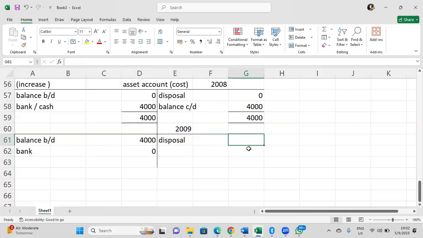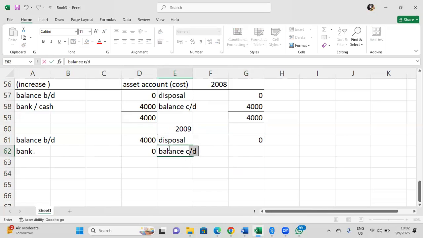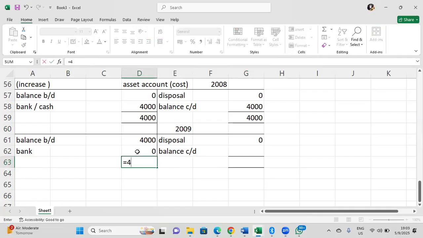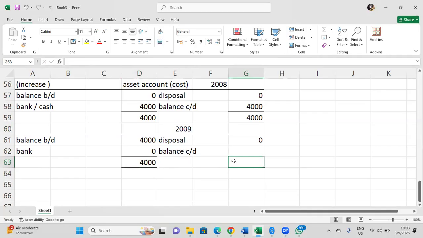Then we calculate our balance CD: 4,000 plus 0, that's 4,000. The balancing figure becomes 4,000, because we're only given 4,000, it's the one that will keep repeating.